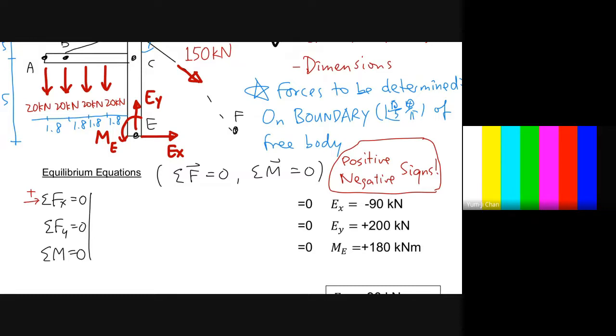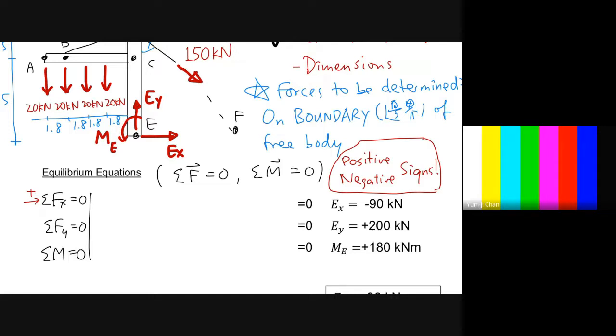Now for example, if we have summation Fx equal to 0, which forces have x components in this problem? First of all we have Ex. This is in the x direction, and this 150 kilonewton force has an x component here, right? We have x and we have y components here. Are there any other forces that have x components?